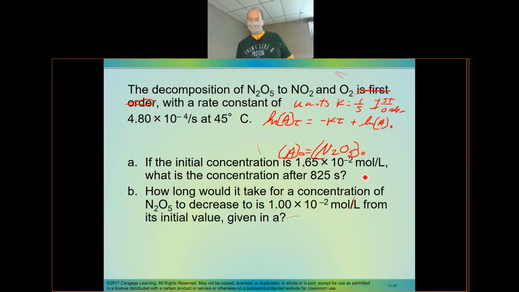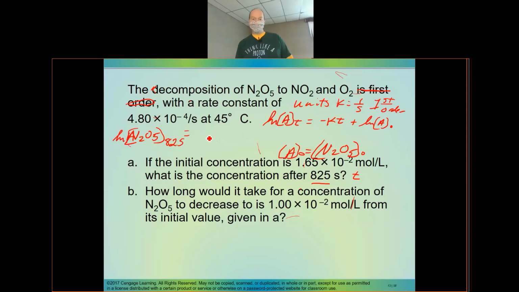We're looking for the concentration of N2O5 after 825 seconds, so we just plug that into our equation. We have the ln of N2O5 at 825 seconds. That is our reactant, and this is the time.